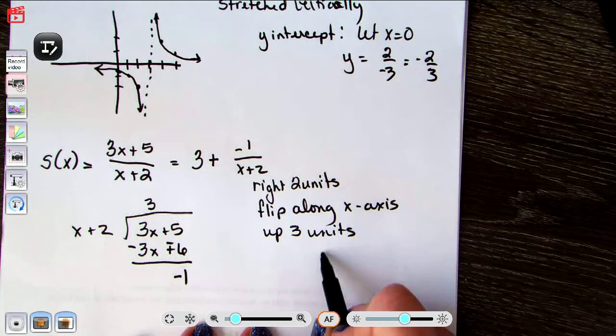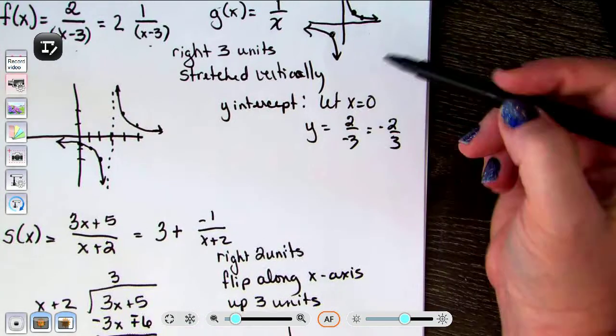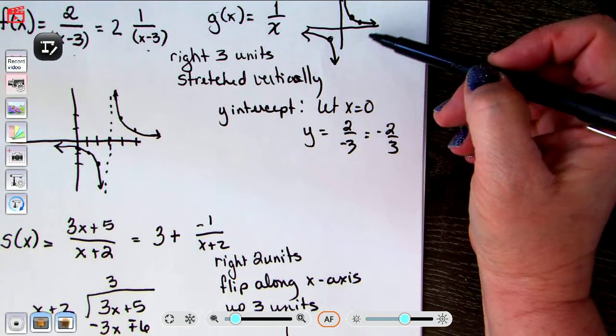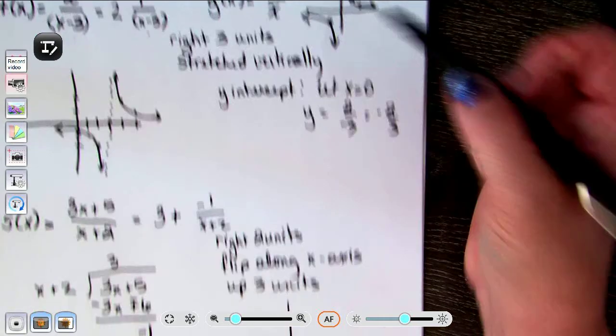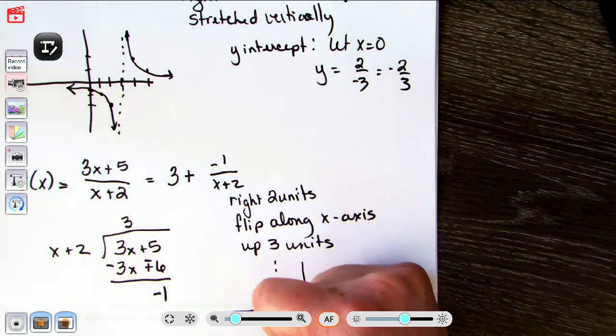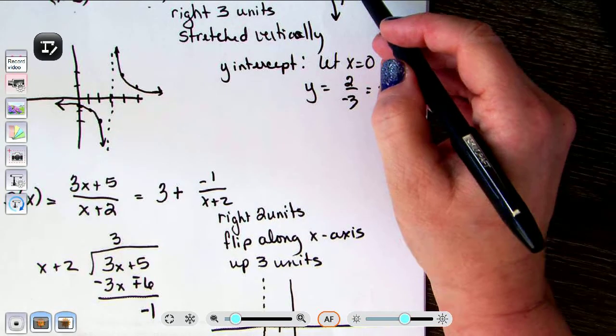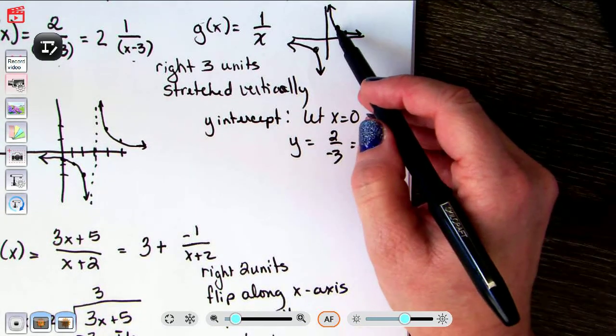All right. Let's think of what we're doing here. So I'm taking this guy. We're going to go to the right 2. So 1, 2, and that's where that asymptote is going to be. And then we're going to take our value here, and we're going to flip it.